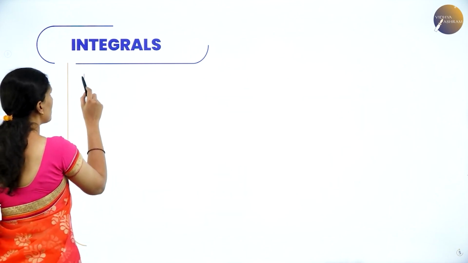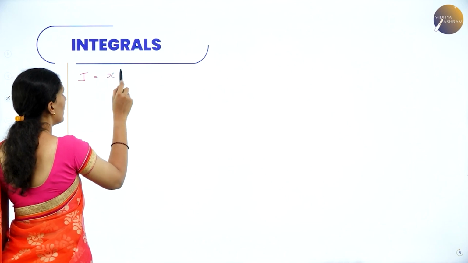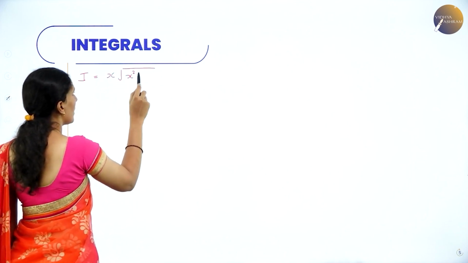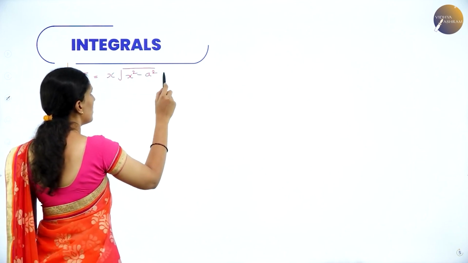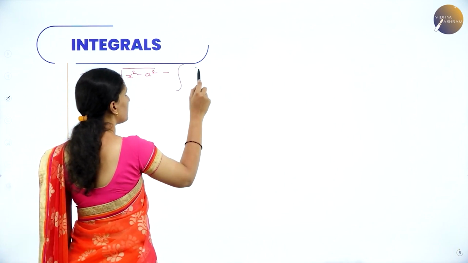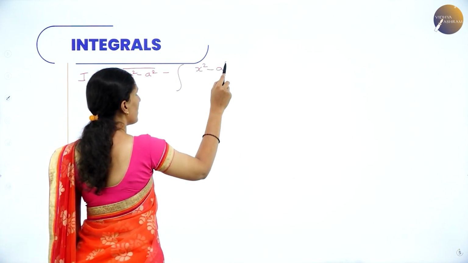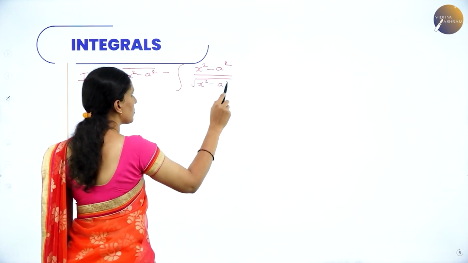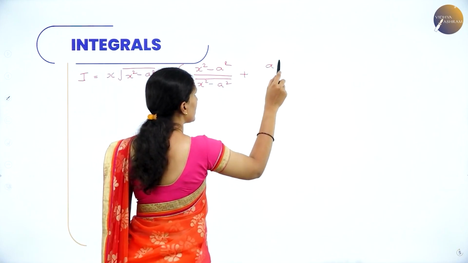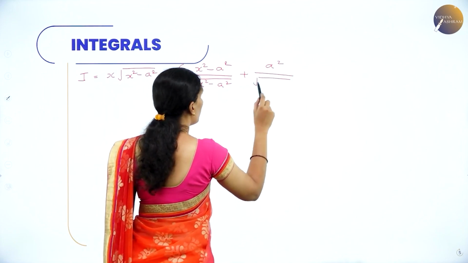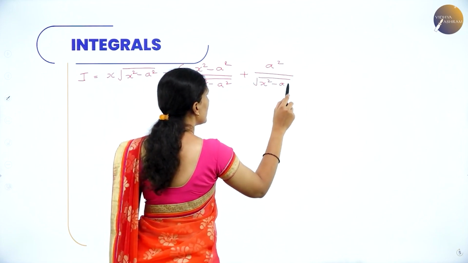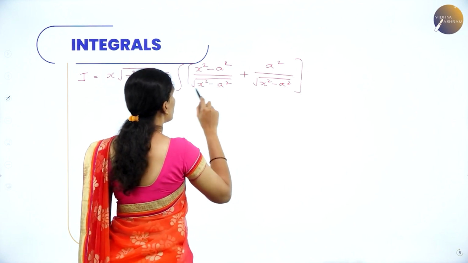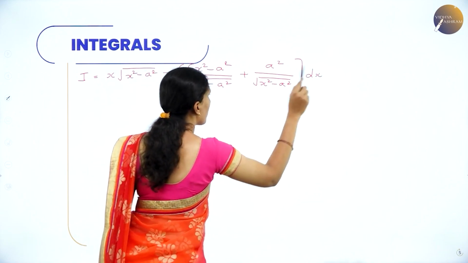So here this becomes I is equal to x into root of x square minus a square minus integral of x square minus a square divided by root of x square minus a square plus a square divided by root of x square minus a square with respect to dx.